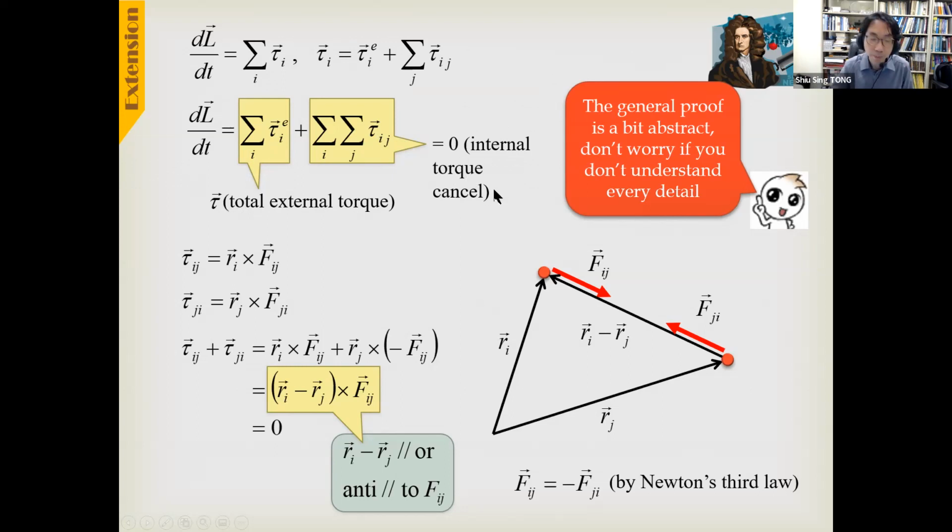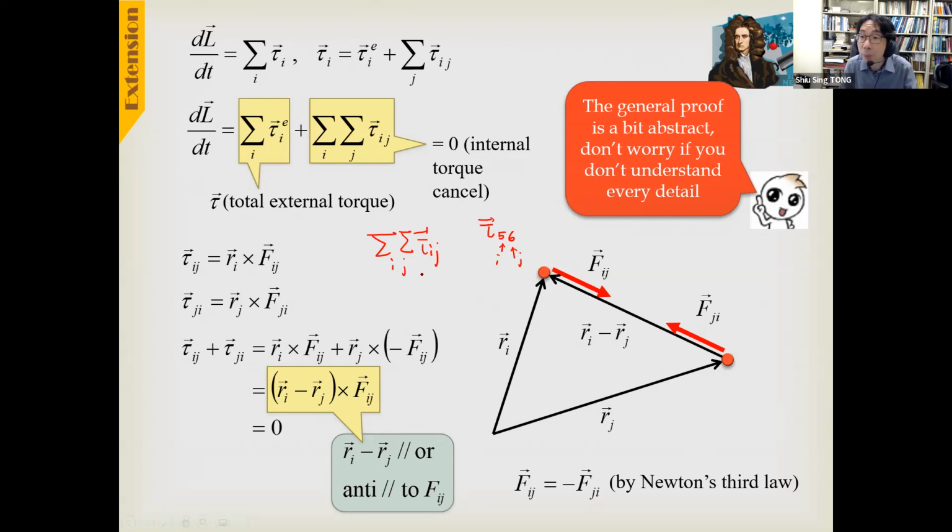Now, why is it so? When I form a double sum over all the indices, that means i and j may both run over 1 to n. Suppose there is a term when i is equal to 5 and j is equal to 6, then I have the torque tau 5,6. I have this term, right?